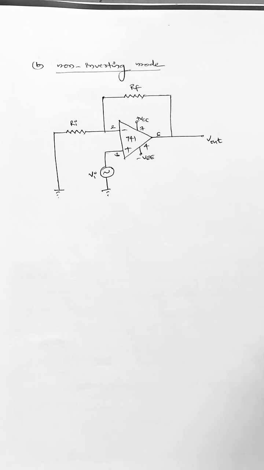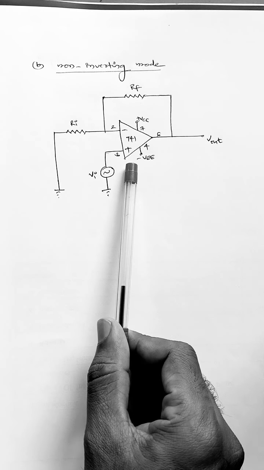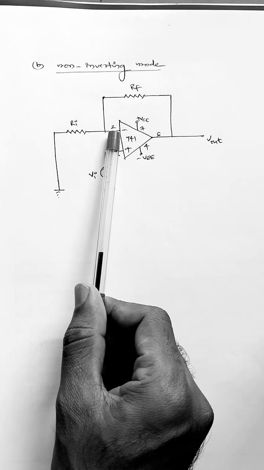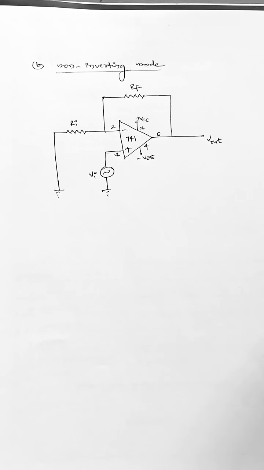Similarly, the other circuit, that is the non-inverting mode of operation of an op-amp, can be seen here. In the figure you can see the input is connected at the non-inverting input terminal, whereas the inverting input terminal is connected to ground through the input resistance Ri.